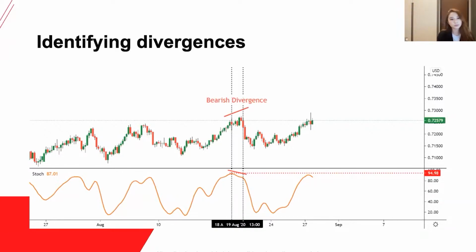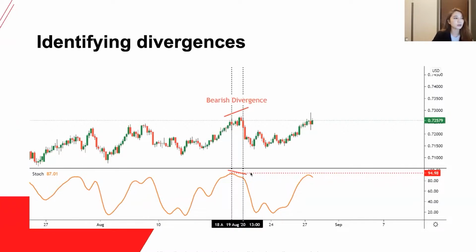In the first few slides, we did mention that stochastic looks at pricing momentum, right? You can see that it did reach the peak beforehand. However, there was a slight increase in the price point. You can see that price actually closed higher than before. However, stochastics captures a lower momentum, which is really odd, right?